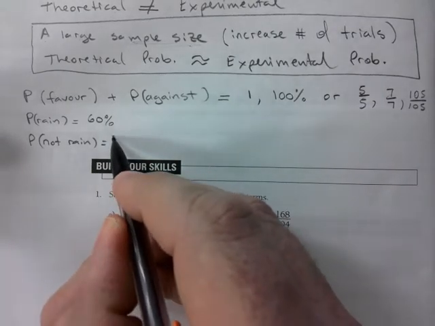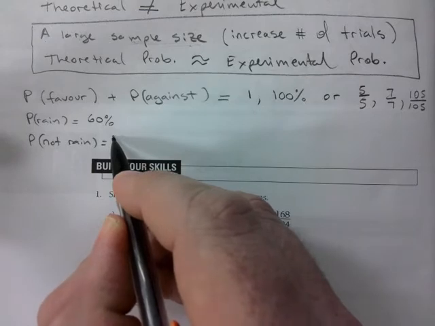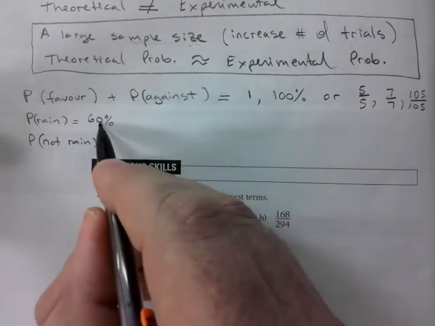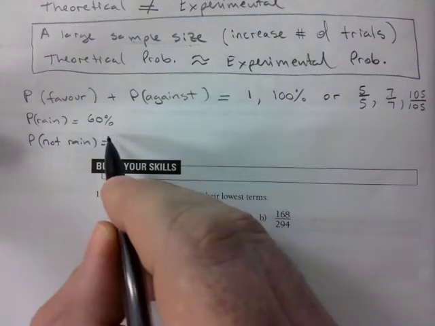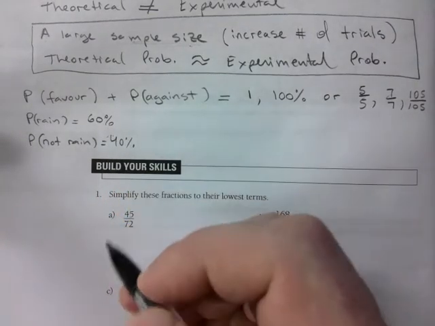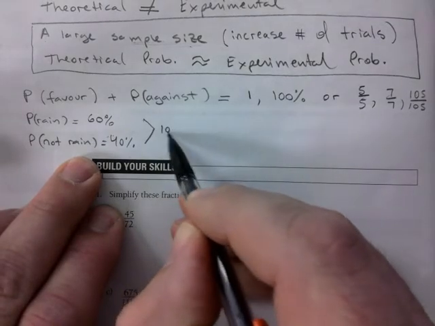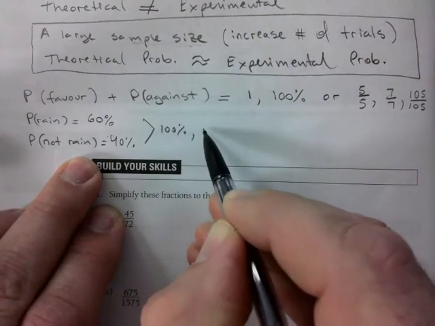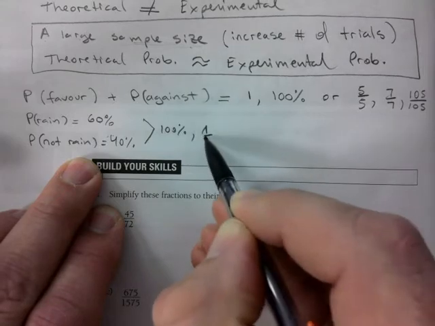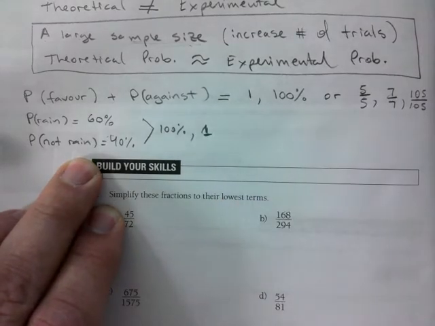I didn't tell you that. You just knew it, right? As soon as I said the probability of it happening is 60%, you knew it must be 40% of it not happening. So combined, you get 100%, which is also 1.